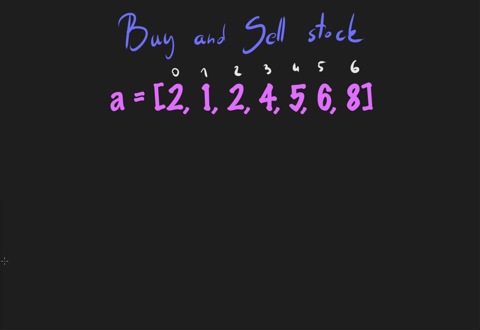One way of solving this would be to have 2 for loops. We have one loop here for the day when we buy the stock, and the other days are the potential days when we sell the stock. We're basically having an outer loop and an inner loop, and we track the max profit.